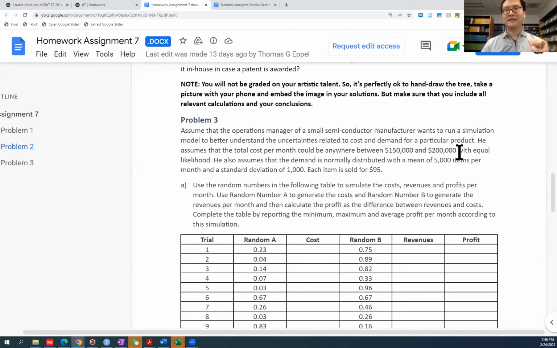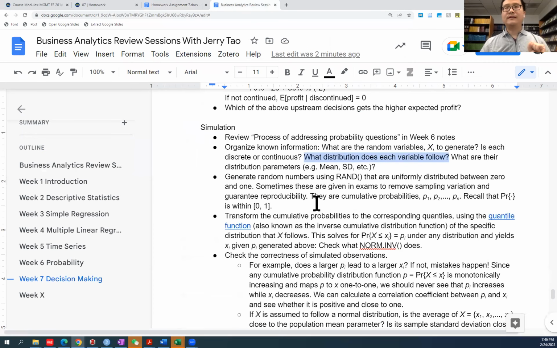So we know it's uniformly distributed. We also know about the distribution of demand. It's normally distributed with a mean and a standard deviation. So we know this information about distribution already, and for the parameters of a normal distribution, we also know the mean and standard deviation.